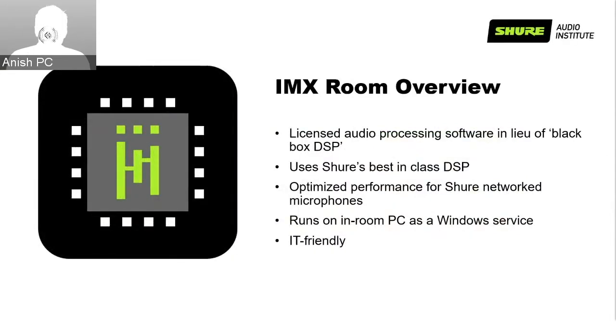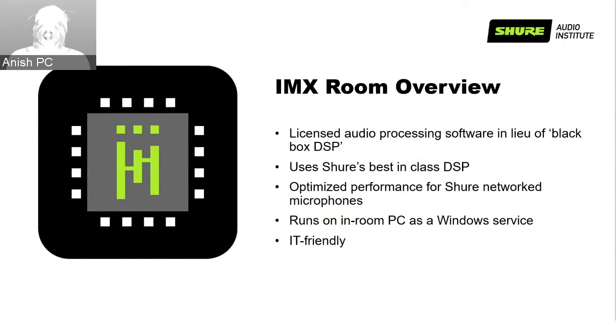The first one is IMX Room. IMX Room is the first of its kind. It is a license-based audio processing software that replaces the more expensive black box-based DSP options, because it is a pure software-based conferencing solution. It uses our best-in-class IntelliMix DSP to optimize sound.